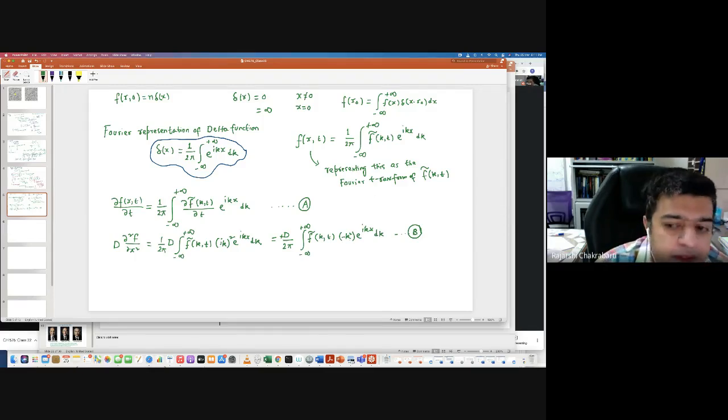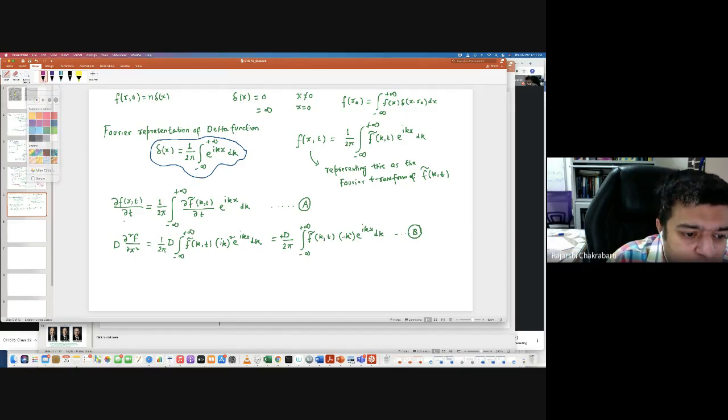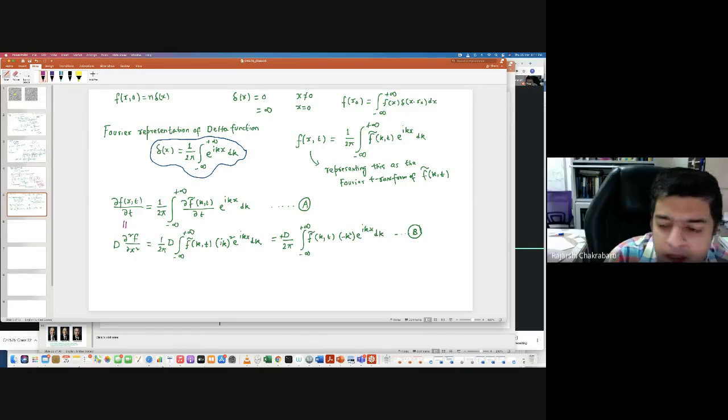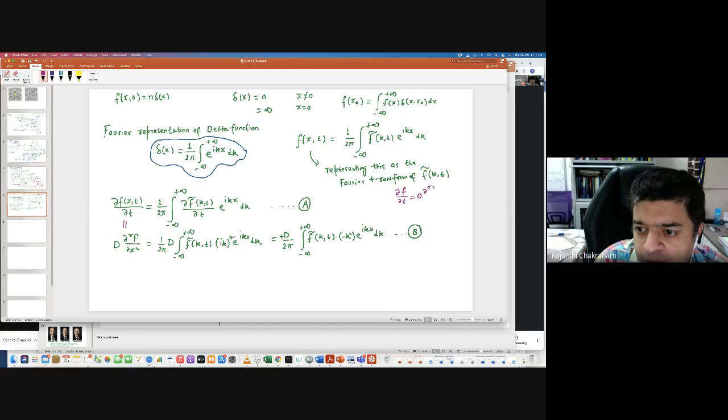Okay. Now compare A and B. What do you see? See very carefully. If I compare A and B, I know that this is equal to this, no? First order differential equation in time. And I know this is equal to this, because of the diffusion equation. Remember the diffusion equation is this, no? This is what you are solving, no? So this is equal to this.